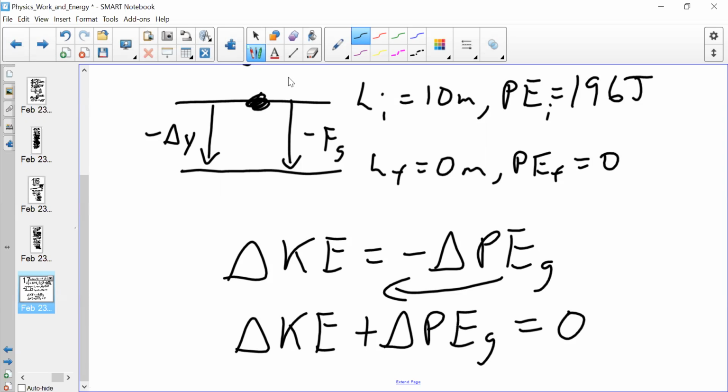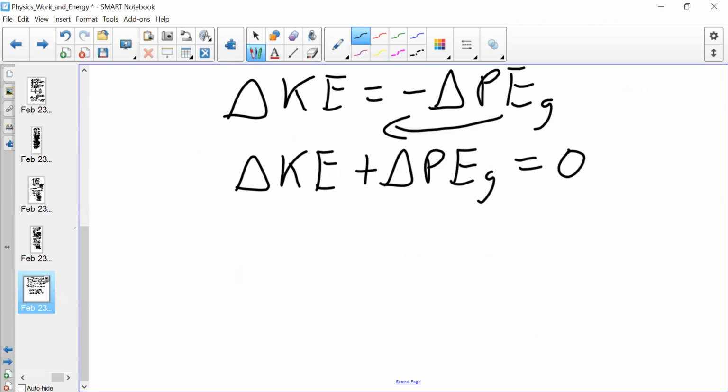In other words, the energy between those two points is saved. It's always going to be the same, because the sum of those changes is equal to 0. That means that the energy is constant. So that's the basic translation of this equation.